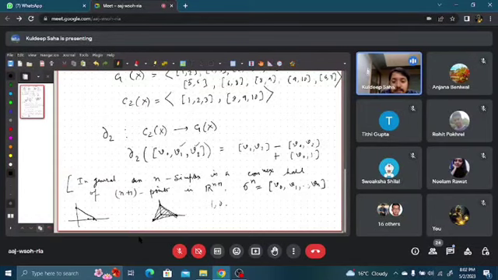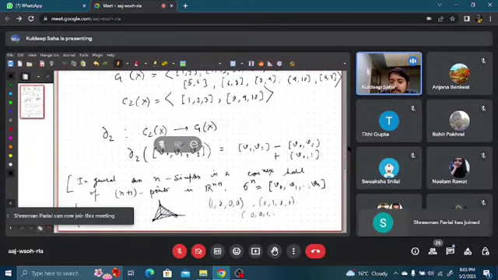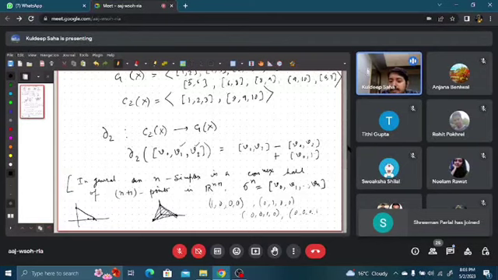So for example, if I go one dimension ahead, take 1 0 0 0, 0 1 0 0, 0 0 1 0 and 0 0 0 1. These are coordinates in R4.